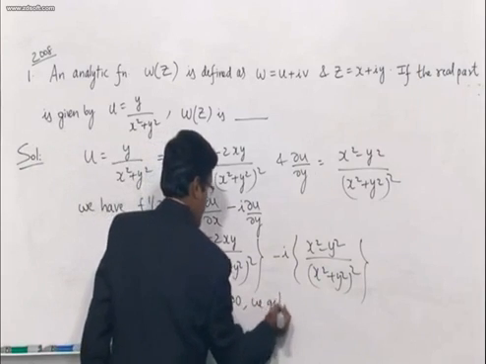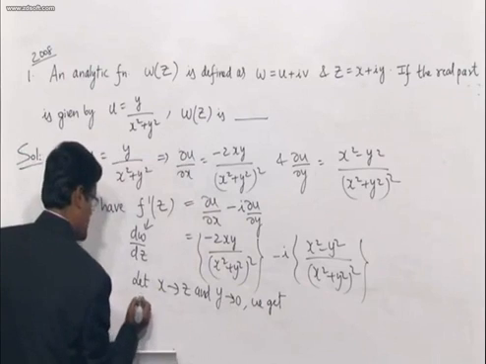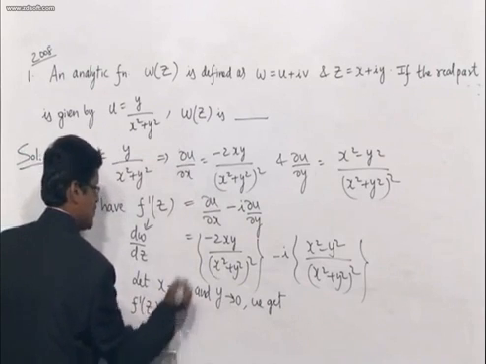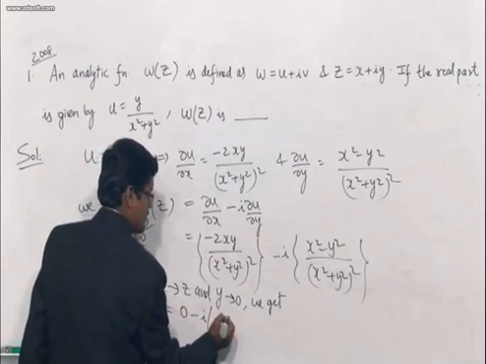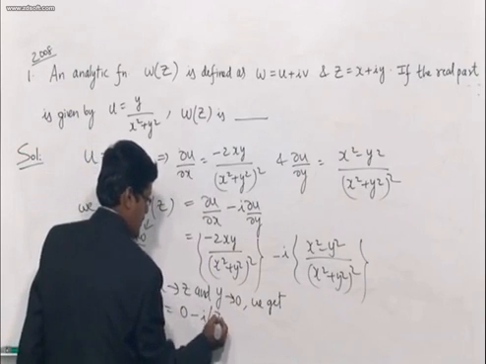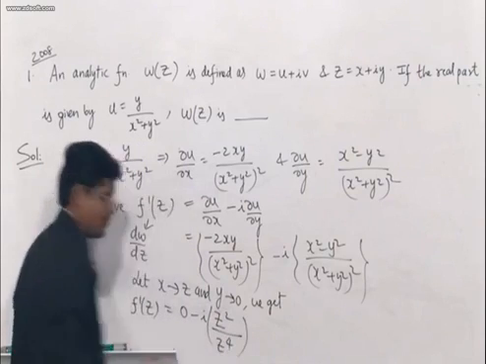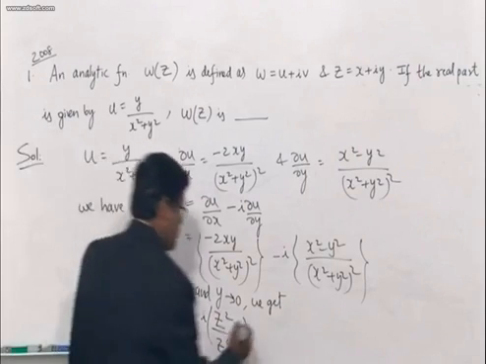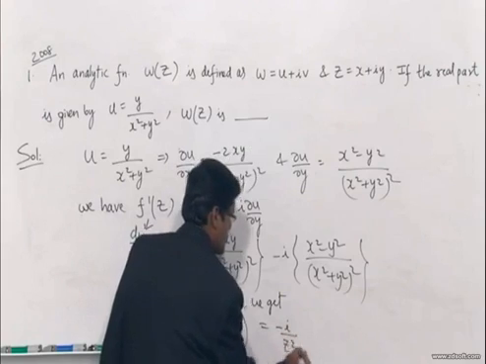We get f dash z is equal to, this is 0, minus i times minus z square by z power 4. So this simplifies to minus i by z square.